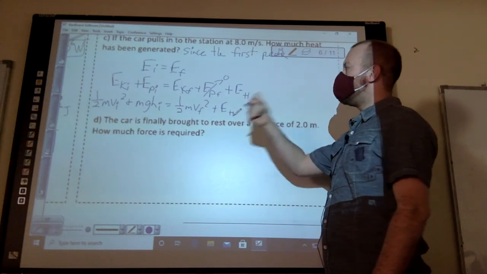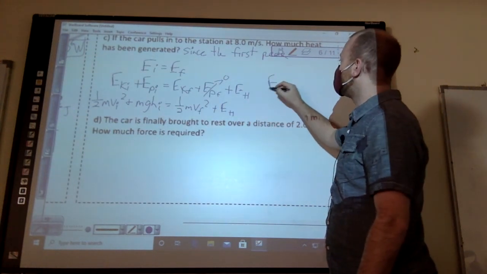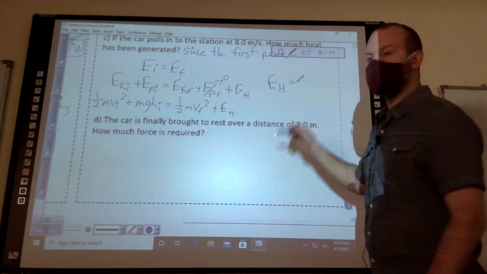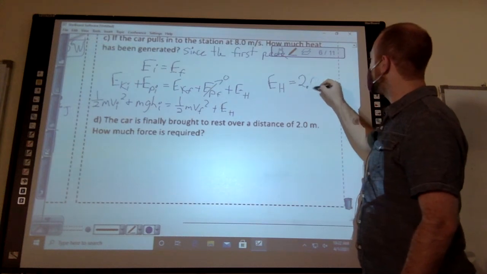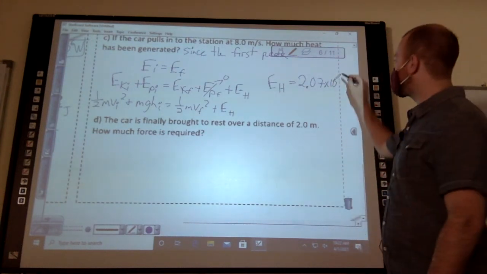You have all the mass, you have the velocities, you have the height, you're good. Plug it in. EH is 2.07 times 10 to the 6.